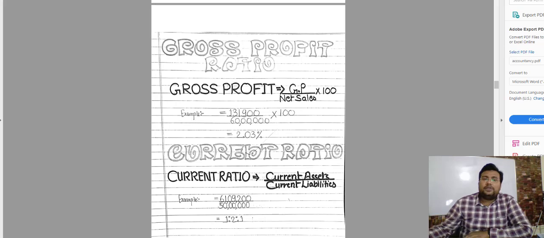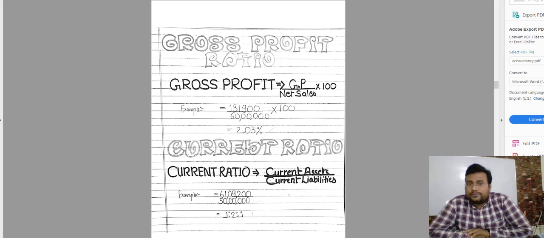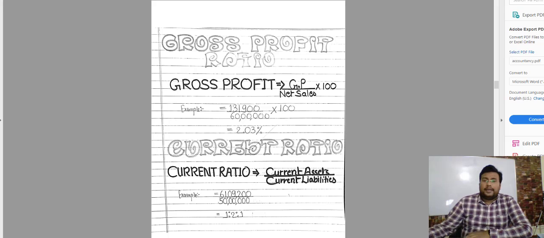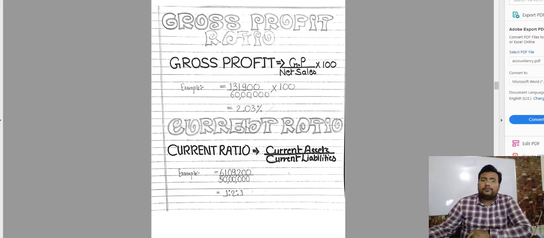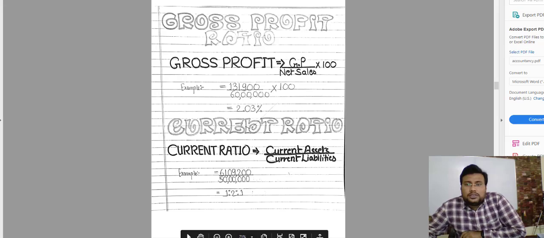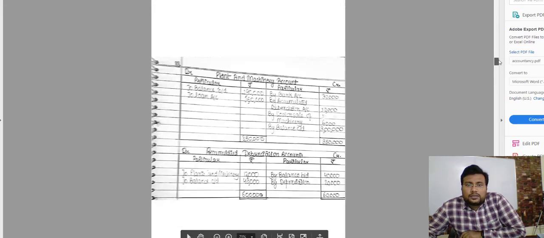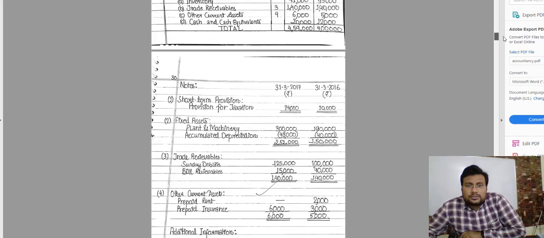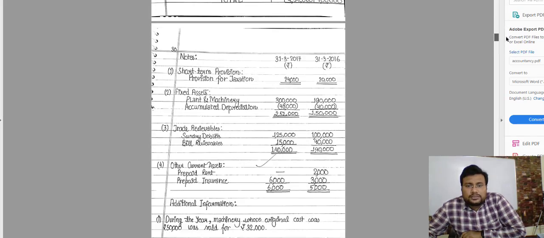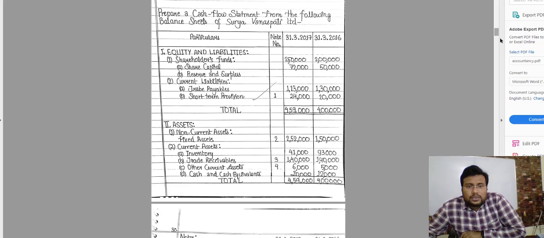And after that bacha, you have to calculate certain ratios like the gross profit ratio, current ratio, and so on, with the help of the cash flow statement. For example, suppose you can see your total current assets.